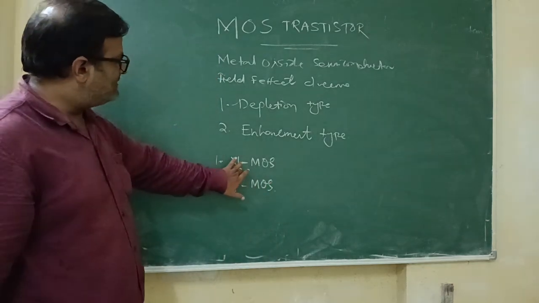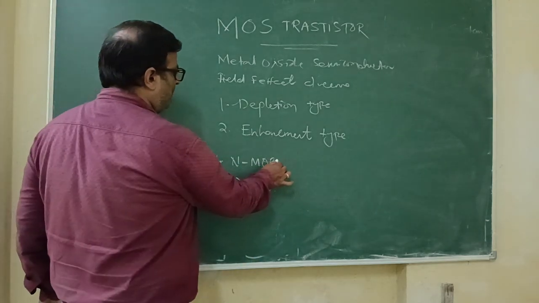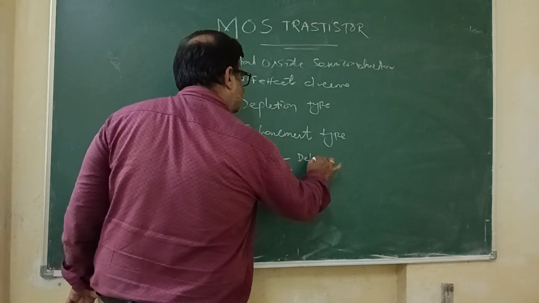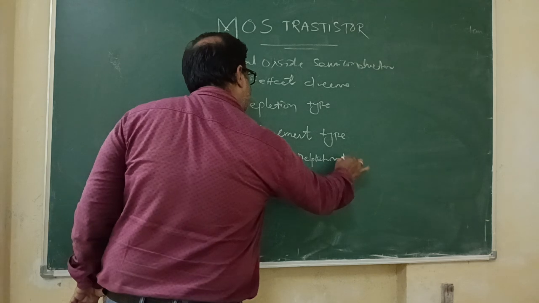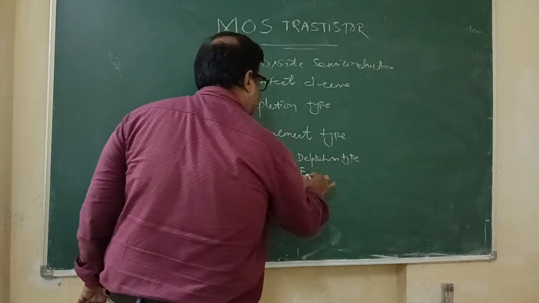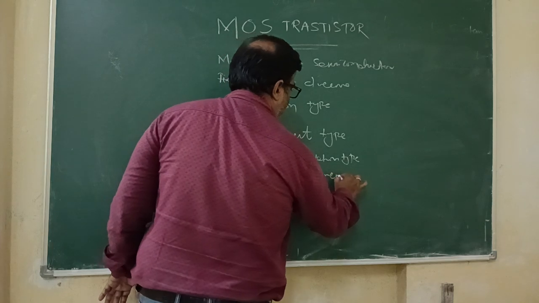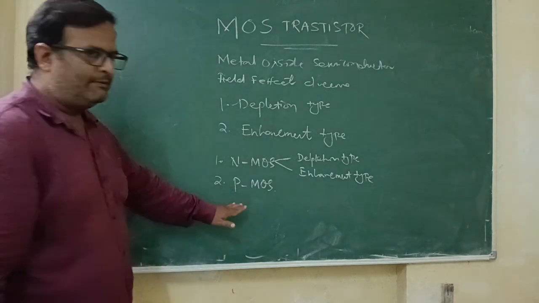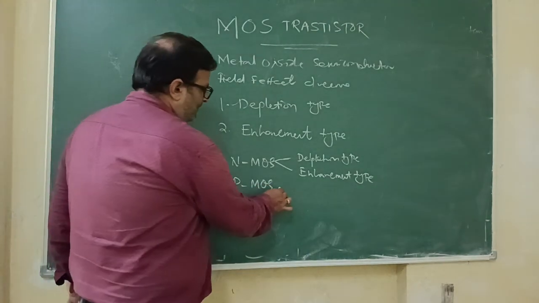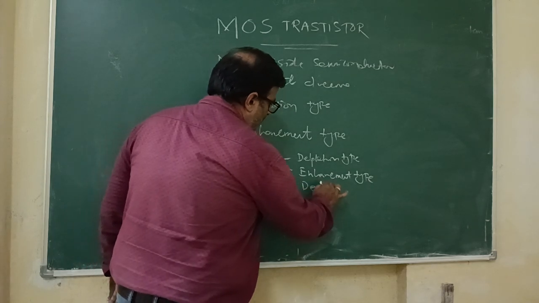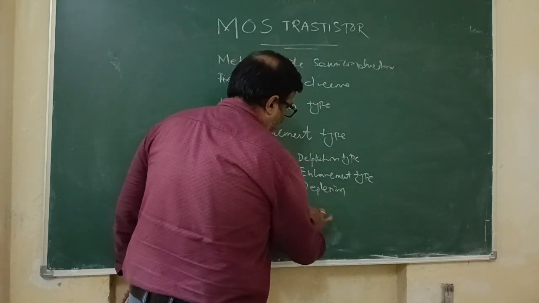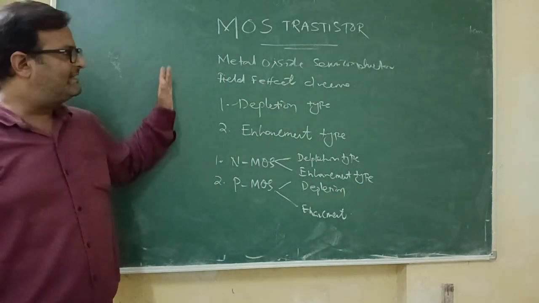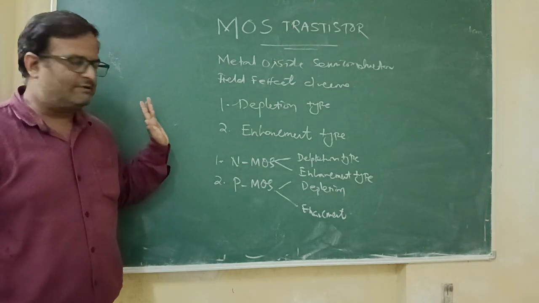That means NMOS is classified into depletion type and enhancement type, and like that PMOS is also classified into depletion and enhancement. This is the basic classification of MOS transistors.